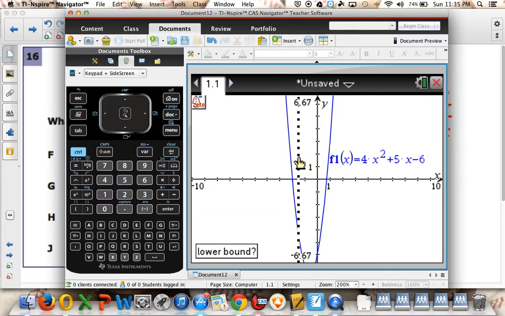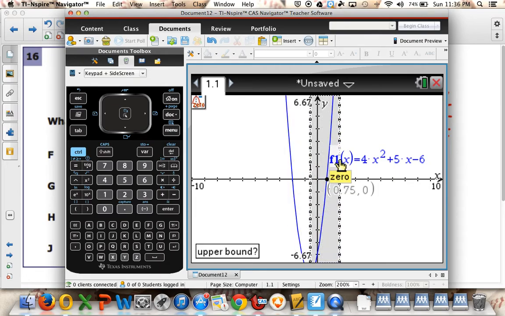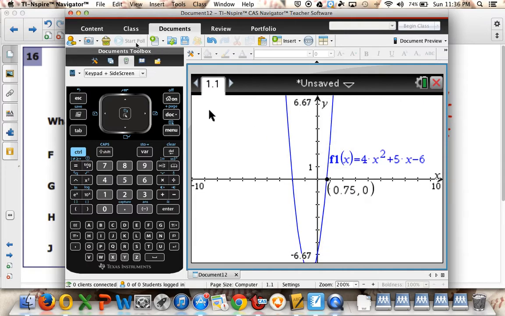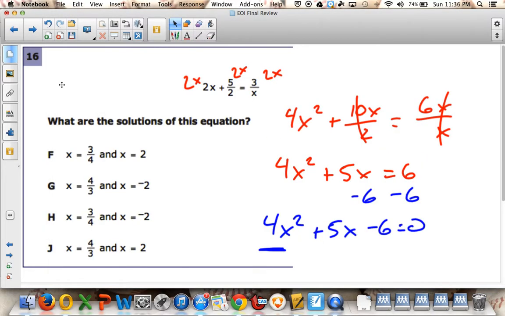And I'm going to do the shortcut way where I click in the middle of them and I slide to the left and I get -2. I slide to the right, and I get 0.75. 0.75 in fraction form is going to be 3/4. So we're going to be good math students, we know that. So I had -2 and 3/4, which is going to be H.